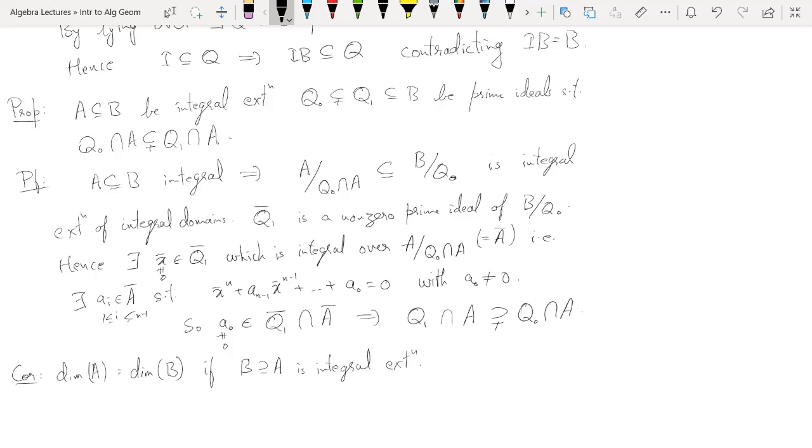Because X bar is non-zero, you'll get a lower degree polynomial. So maybe you start with a least degree polynomial and get a contradiction. Here we are using that A bar is an integral domain.